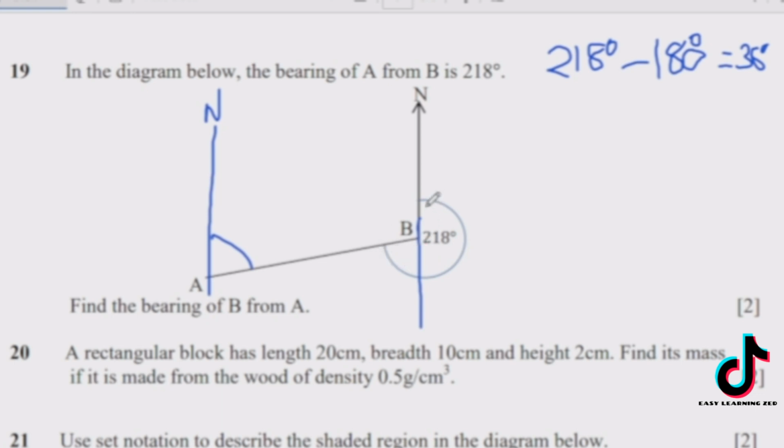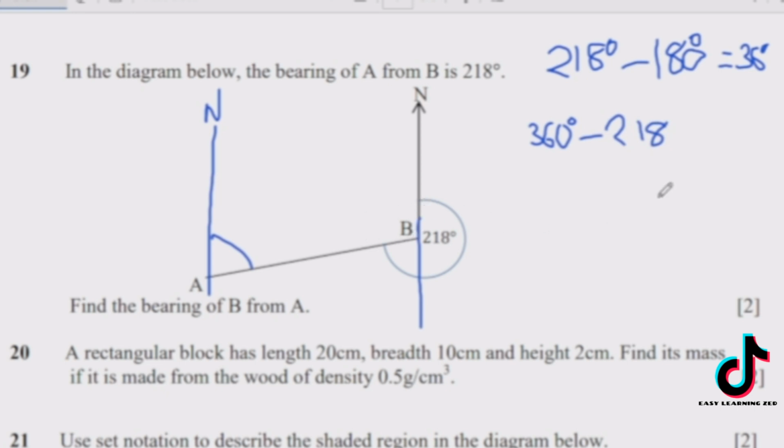If this part is not included and we have found the angle to be 218, what is the value of this? We subtract 218 degrees from 360 degrees to find the value of this angle here.